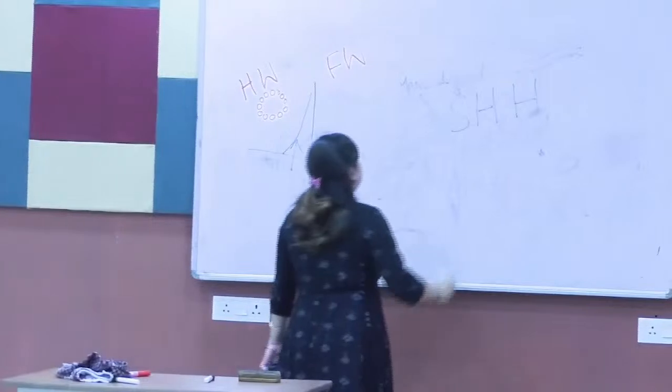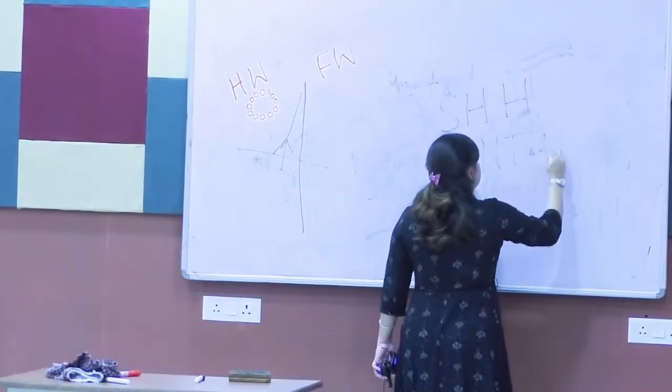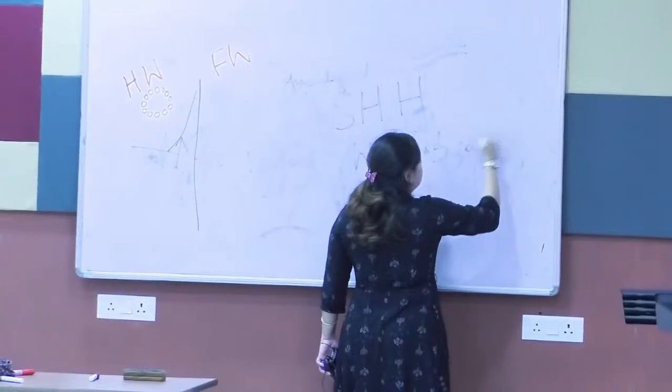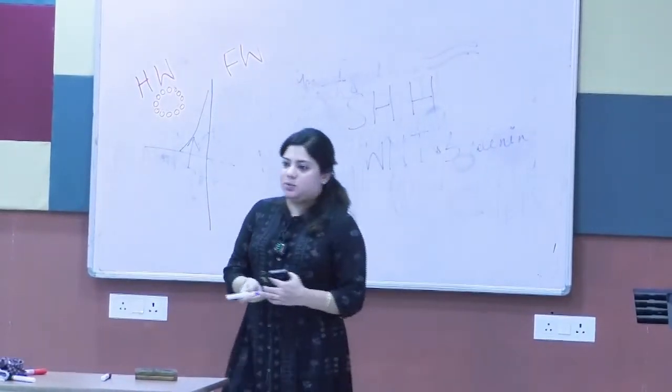Another is the Wnt beta catenin pathway. So there are two pathways for the development of medulloblastoma, SHH pathway and Wnt beta catenin pathway.